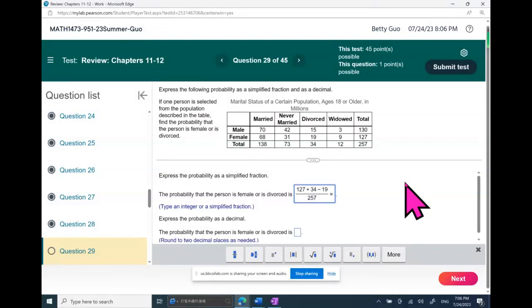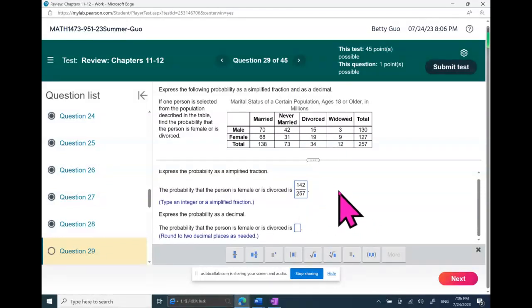And we'll convert that to a fraction. 142 over 257. And erase those. Convert to decimal. Keep 2 decimal places. 0.55. Round it down.